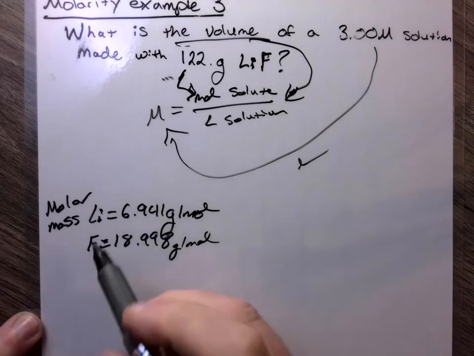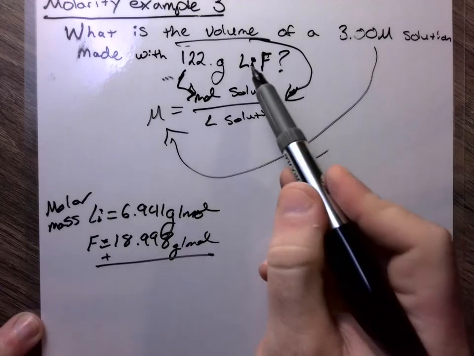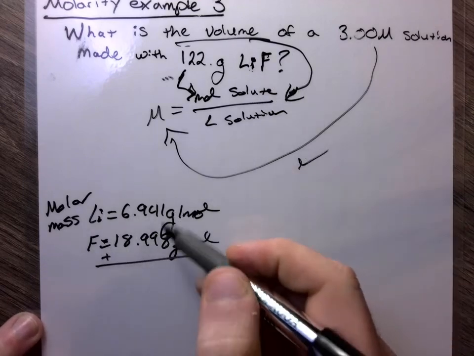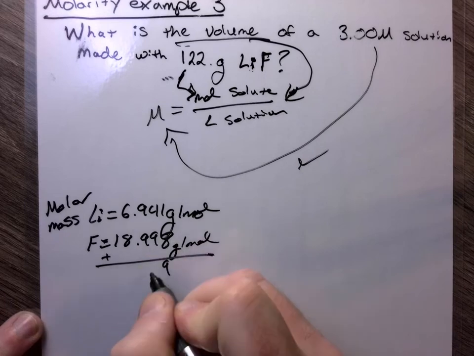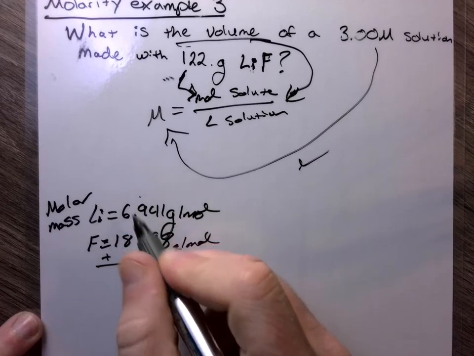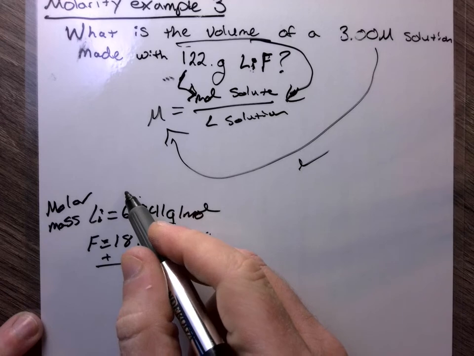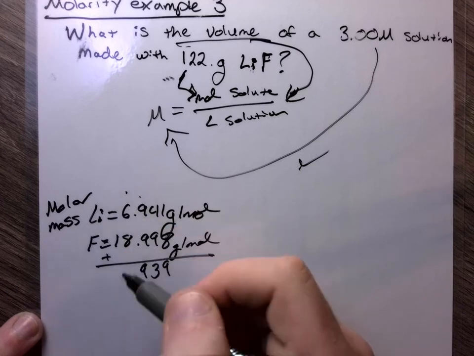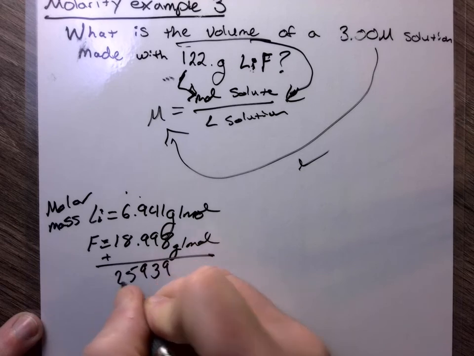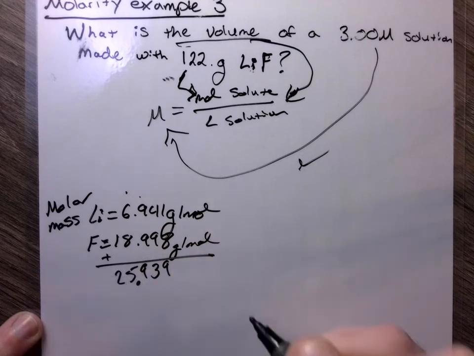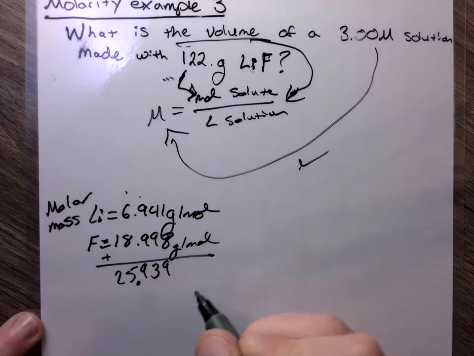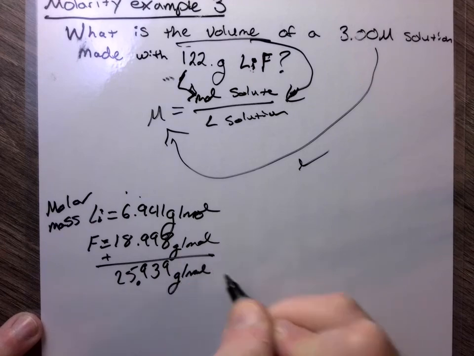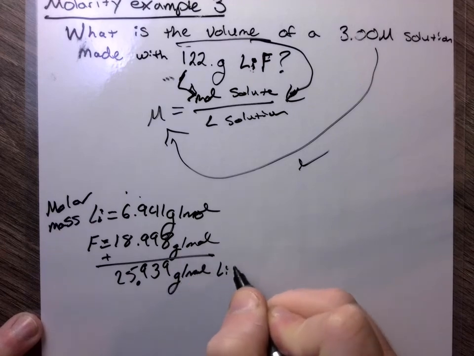So I'm going to add these two together because I only have one lithium, one fluorine. So that's 9, and 8 plus 6 is 14, 15. Okay, so we got 25.939 grams per mole of LiF.